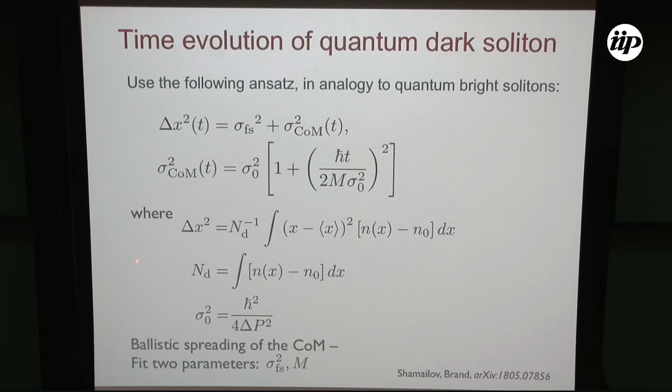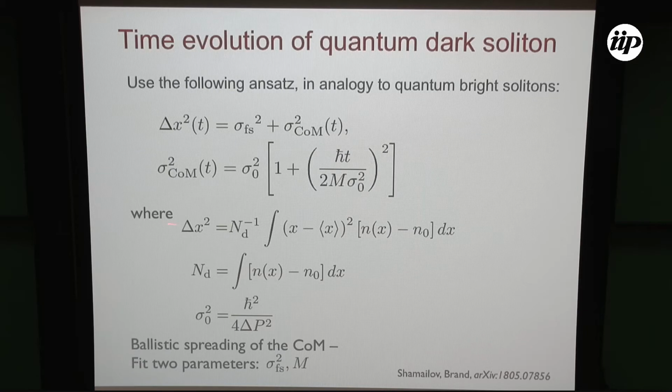We have a number of particles, the number of particle depletion essentially, which we define as this sum over the missing density. Okay, so we can first of all propose these equations, and then we fit these two parameters, the fundamental soliton width and the mass, to the numerical simulations.